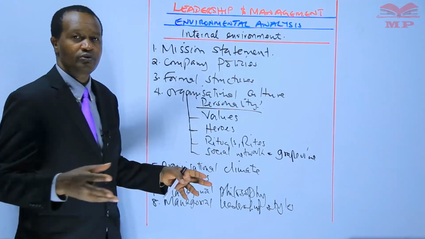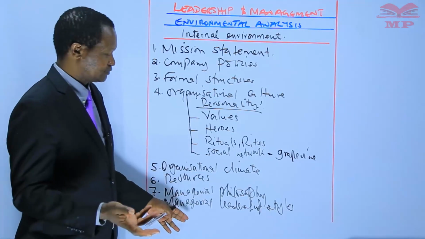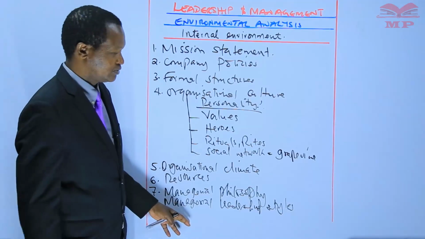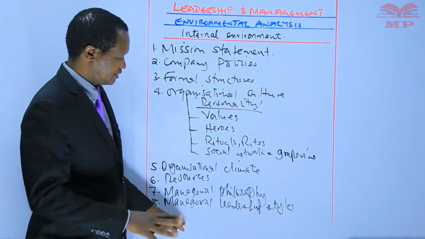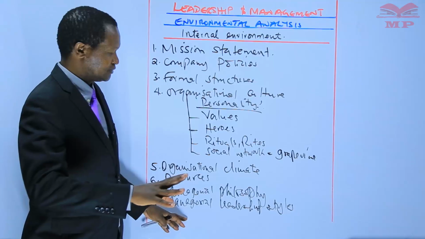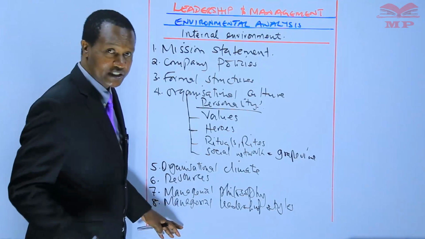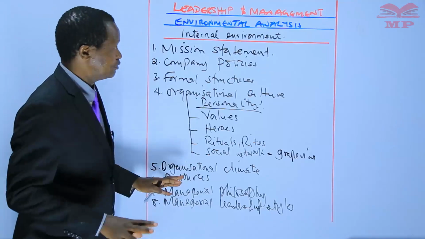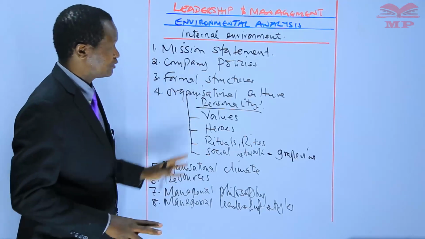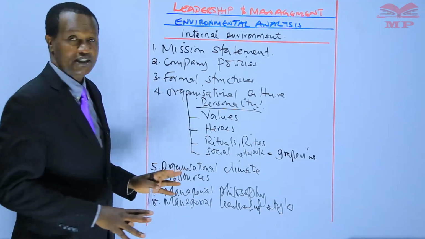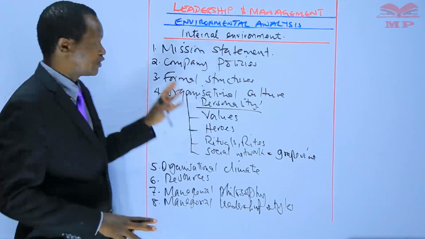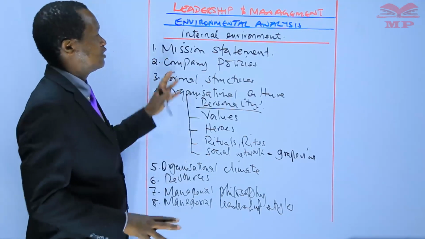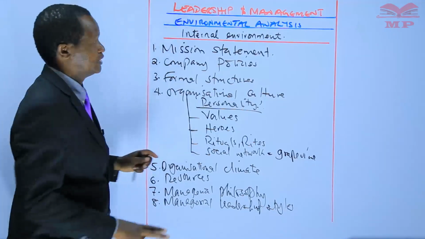We saw how or when to use a democratic style of leadership. When do you apply a democratic style of leadership, laissez-faire, that we studied. And that candidates forms part of the internal environment of an organization. So these are some of the components or factors or forces of internal environment.